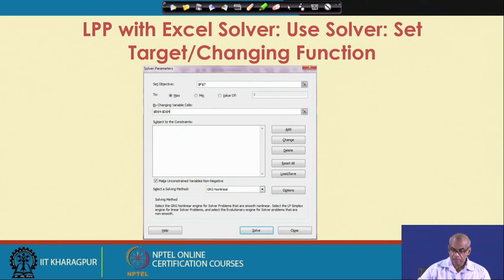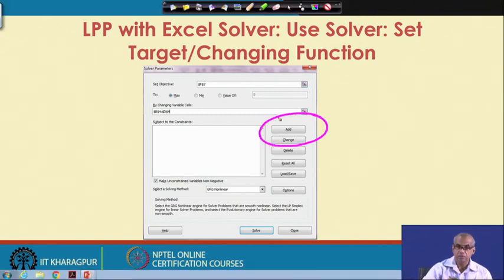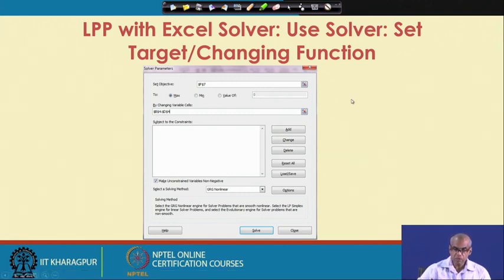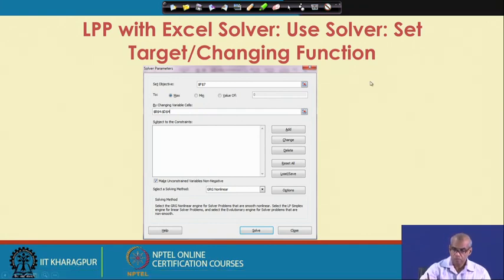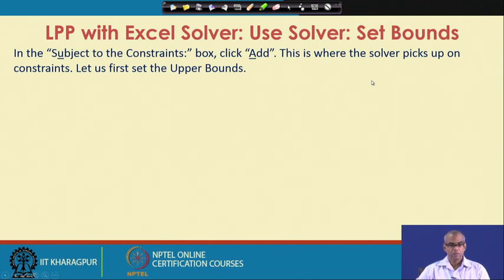If you look here, there is an add button in both the versions. This add button is used for selection of the constants, or for entering the constant to the solver. So, let us first see how you set the bounds.